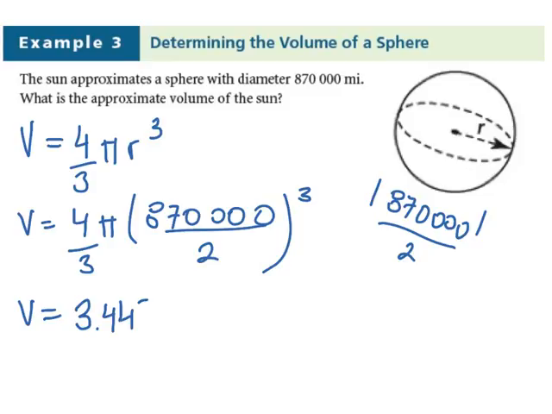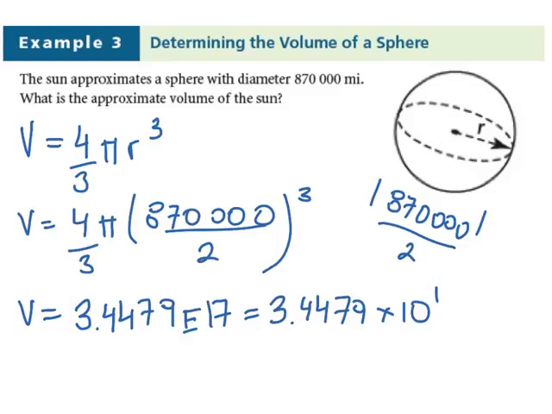3.447, and on your calculator you get this weird E17. What this means is powers of ten. You get 3.4479 times 10 to the 17, since it's volume, miles cubed.